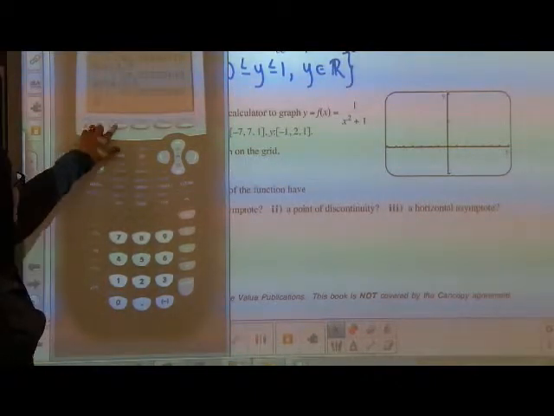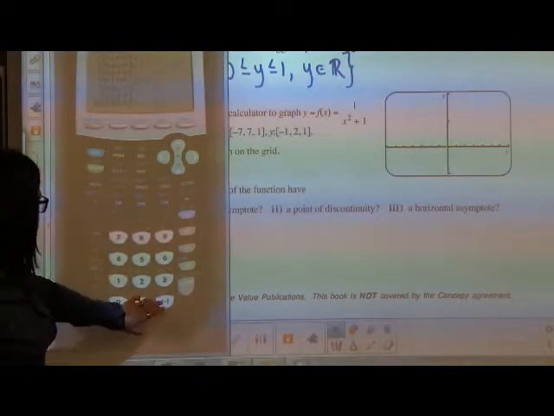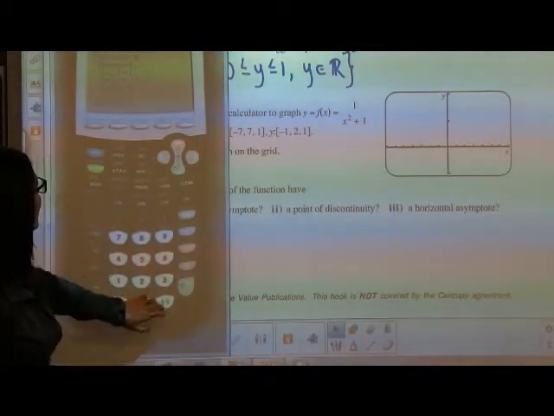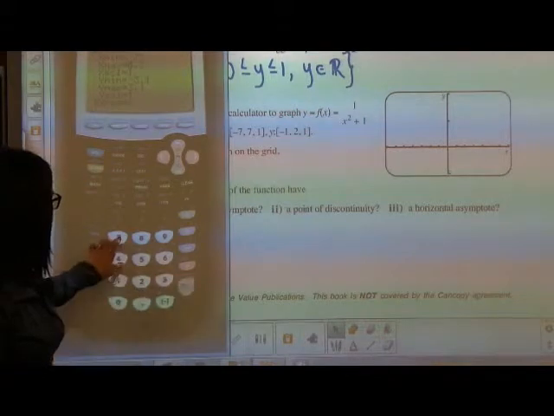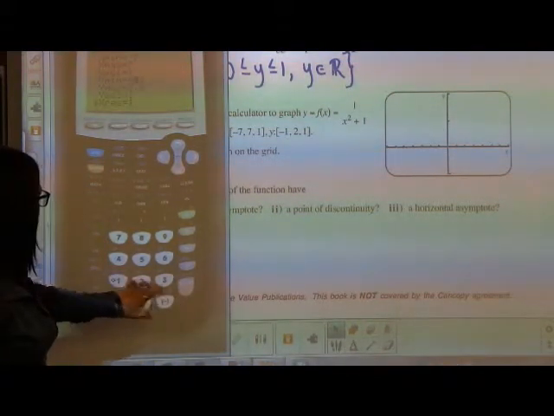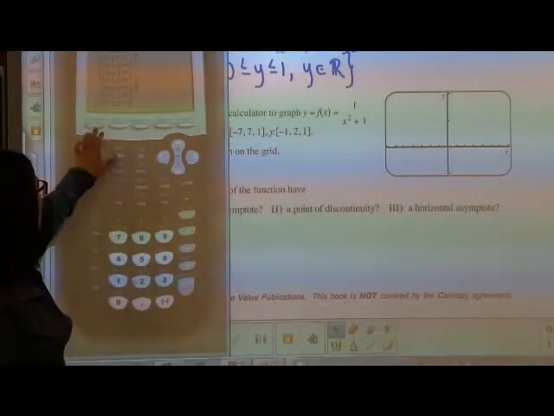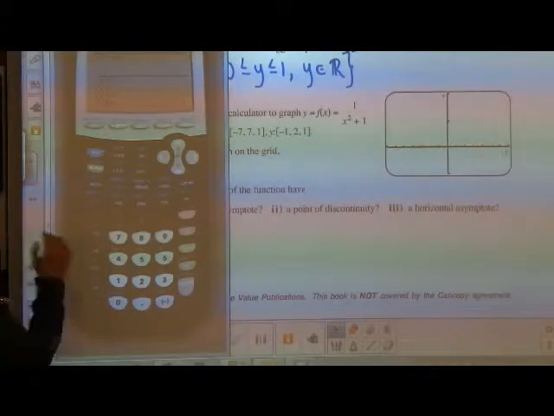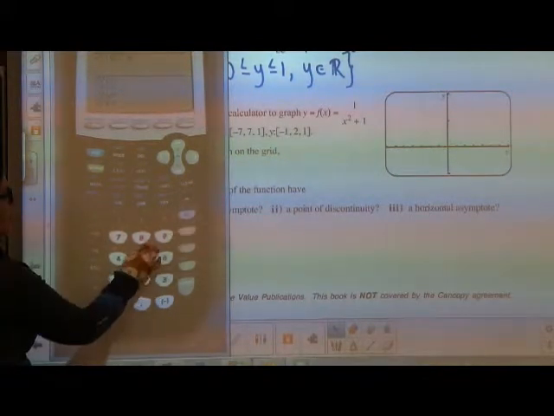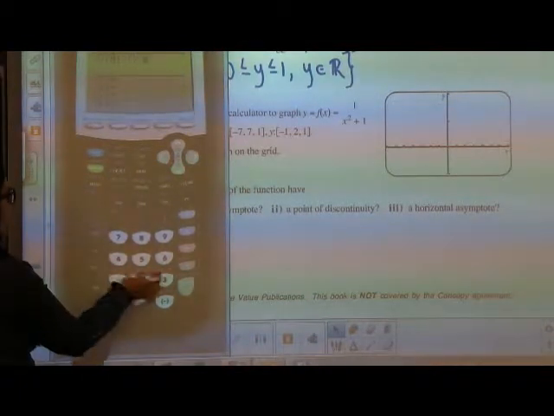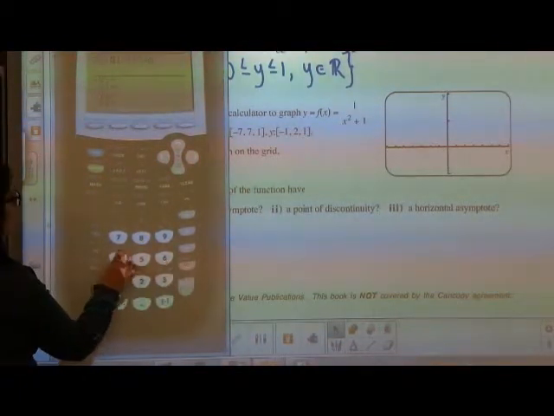There we go. So my window settings are going from -7 to +7, going up by 1s, and -1 to 2, going up by 1s. So my y equals is going to be 1 divided by, and then bracket, x squared plus 1.